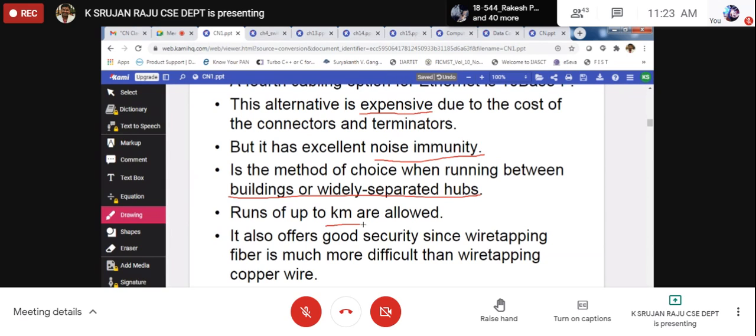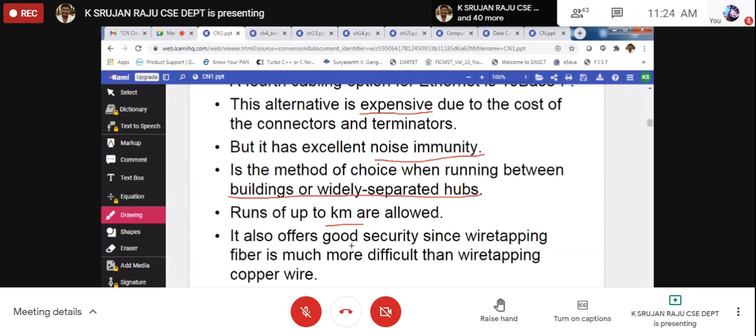Tapping is very difficult because you cannot easily do it. Fiber optic is made of glass, and we have seen the connectors used, such as the SC and ST connectors. It is very difficult because the internal core and cladding are made of glass.